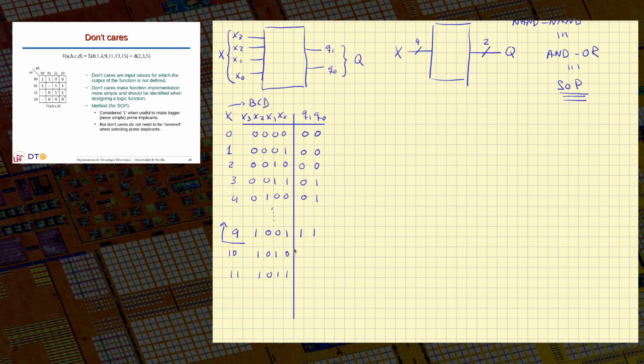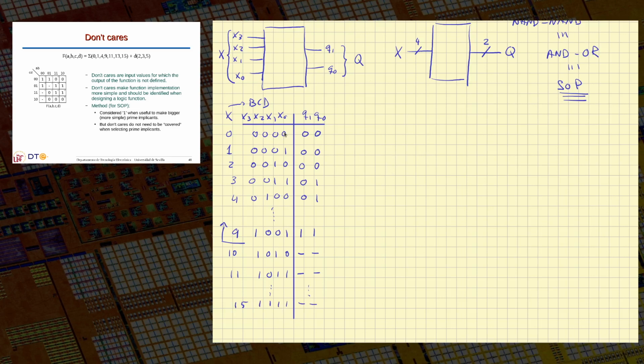So we will treat those values as don't cares. It means that I don't care what happens here. It's left unspecified. The same thing happens with all the numbers up to 15, the 1, 1, 1, 1. All those are don't cares. We will see how we can use this to simplify my function.